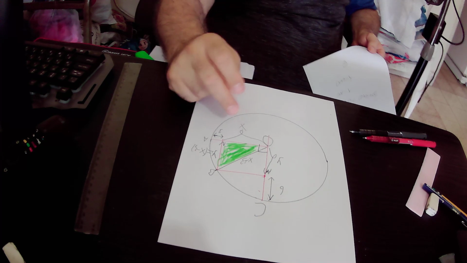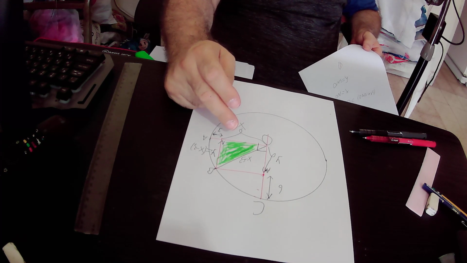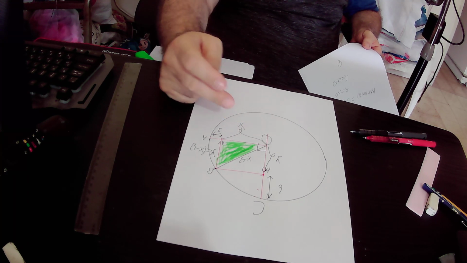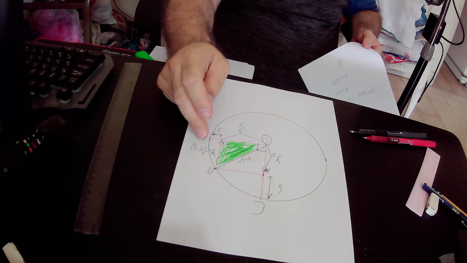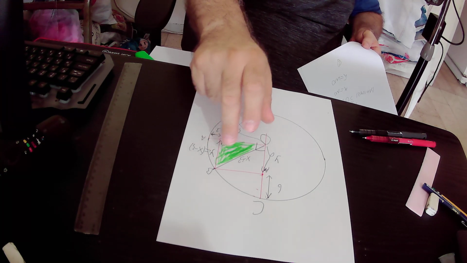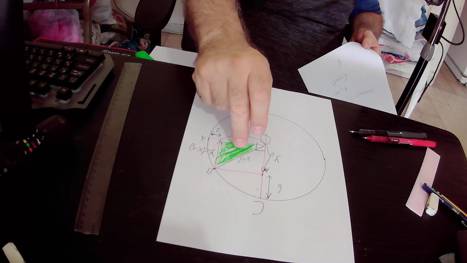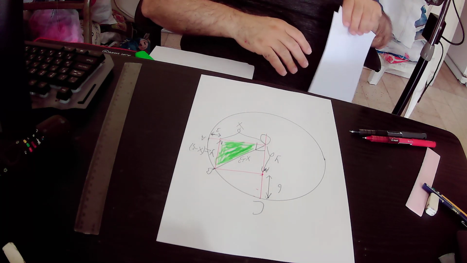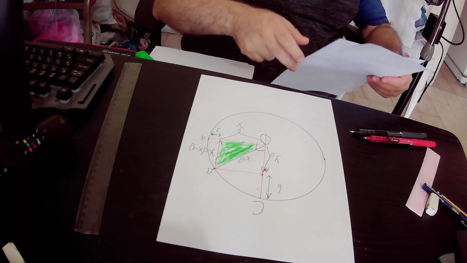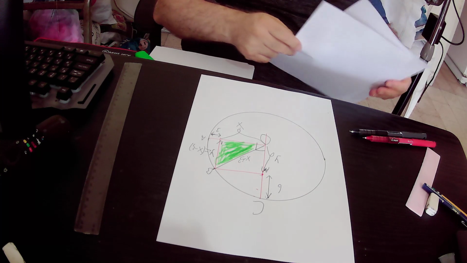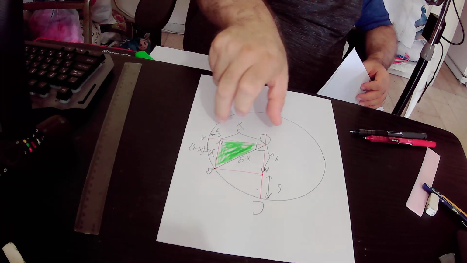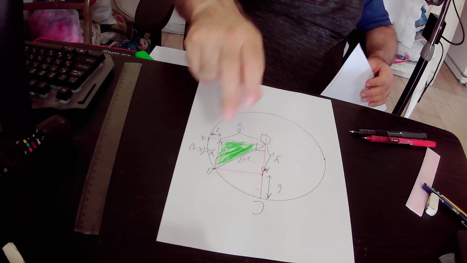So in the right triangle, the green triangle ONB, we know that one side equals x, the other side equals x minus 3, and the hypotenuse, which is also the radius of this circle, equals x plus 3. So we can use the Pythagorean theorem to find the value of x. The Pythagorean theorem states that the square of the hypotenuse equals the sum of the squares of the perpendicular sides.